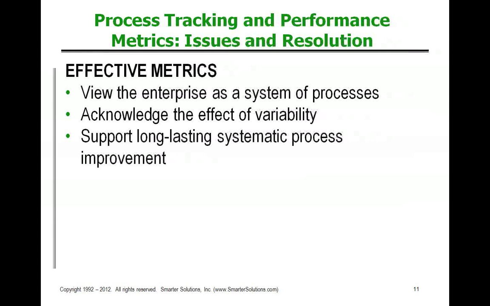And we need to also have this all integrated with long-lasting systematic process improvement. This does not mean that every organization needs to improve, because often we just don't have enough bandwidth for that. What we really want to do is to focus in the areas that are going to most positively impact the big picture.